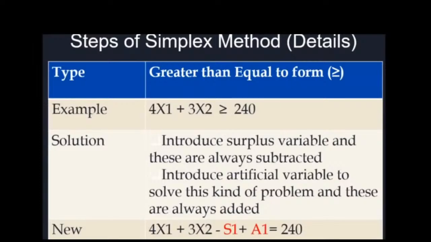Note that whenever we have a surplus variable, we also introduce an artificial variable, and artificial variables are always added. So our new equation will become 4x1 plus 3x2 minus s1 plus a1. Minus s1 is the surplus variable, and plus a1 is the artificial variable. It is only for the maximization problem.